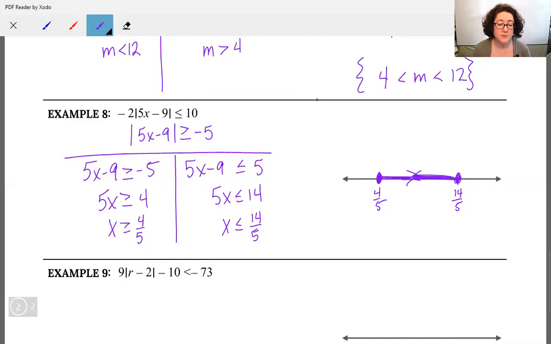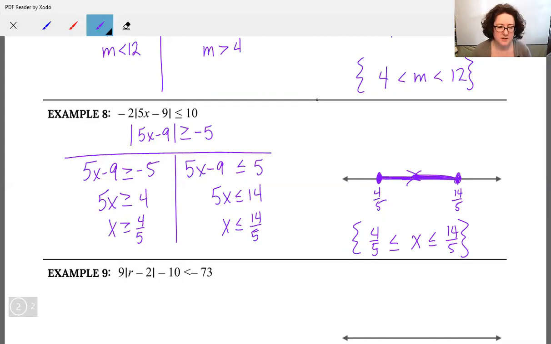And again, if you're worried about your solutions not working, check a few of them, see if they work. Okay, so our solution set, we are sandwiched in between 4/5 and 14/5. So 4/5 is less than or equal to x is less than or equal to 14/5.